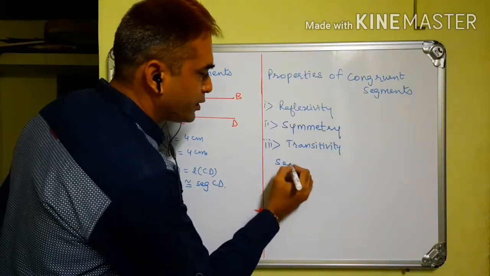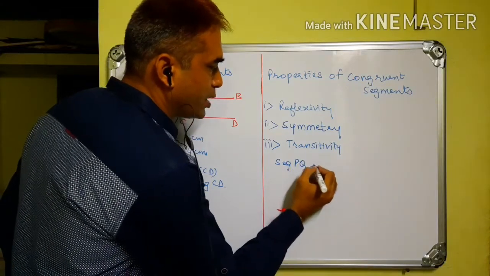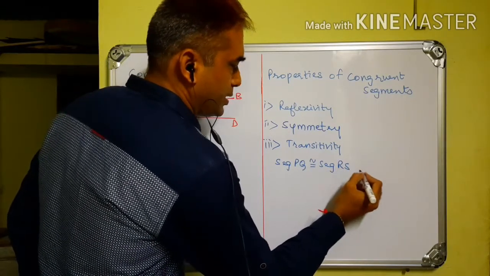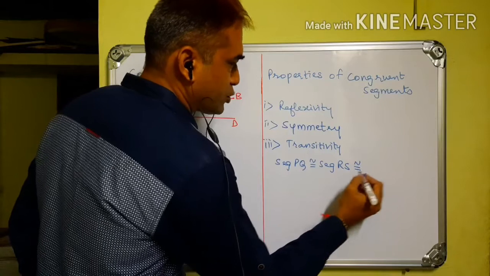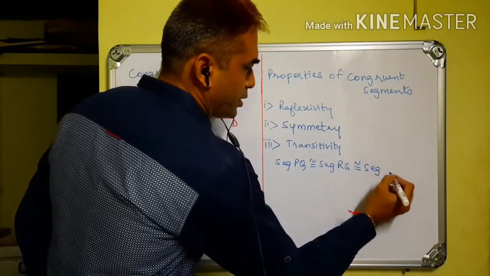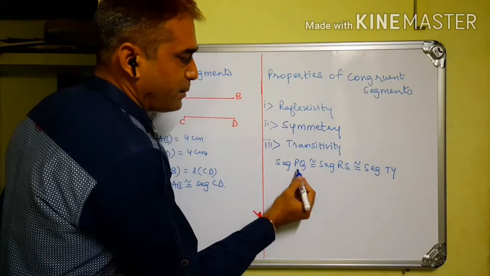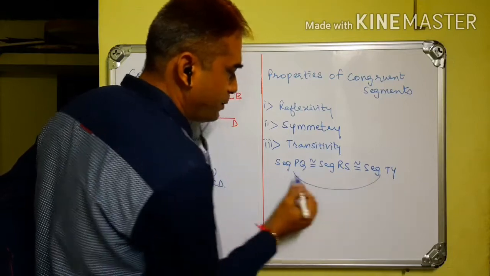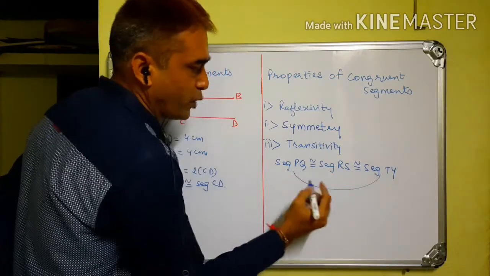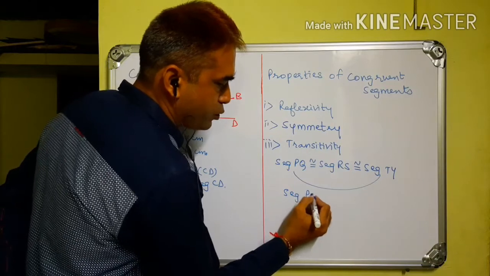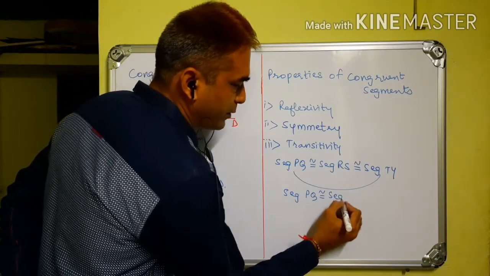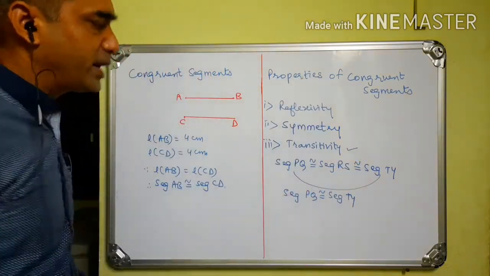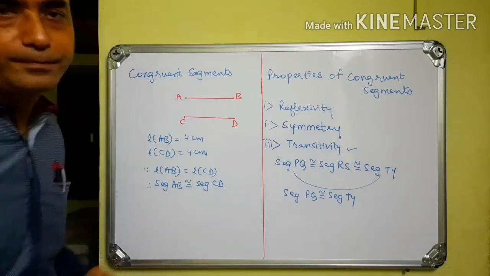Example, if segment PQ is congruent to segment RS and segment RS is congruent to segment TY, then segment PQ is congruent to segment TY. This is the property of transitivity. So these are the properties of congruent segments.